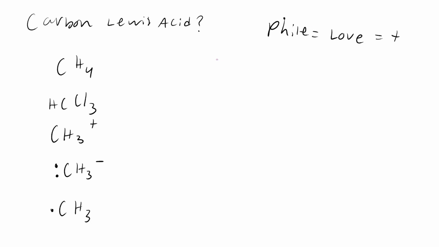Well, we're going to start with methane, which is CH4. Why wouldn't this work as a Lewis acid? Well, again, a Lewis acid loves electrons, so it's going to grab something, right? And you can think of a Lewis acid as a hungry molecule. A hungry molecule is something I call it when you want electrons, when you're starving, you don't have enough electrons, right?